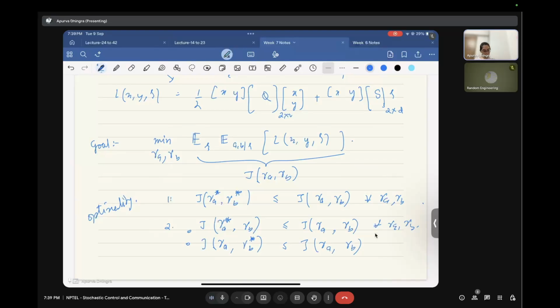Since we are fixing on this side, we'll vary on the other side. We're varying gamma dash B and here we're varying A dash. We look at all of the other possibilities and see that it doesn't help. So these are two different types of problems. I'm leaving it as a claim.